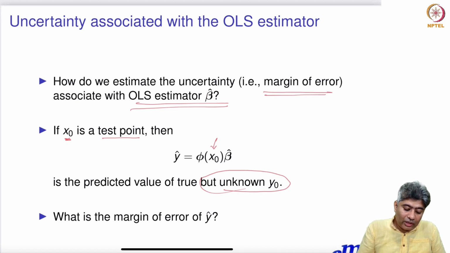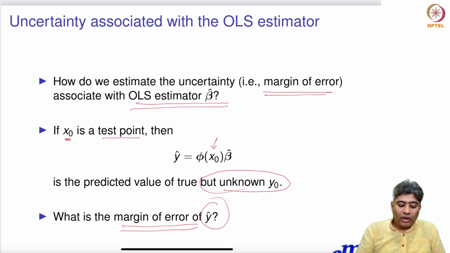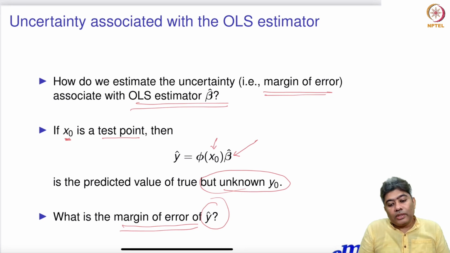So what is the margin of error of y hat? Can we say anything about it? If we have some idea about the beta hat, if we can say something about the beta hat, then only we will be able to say something about the y hat.